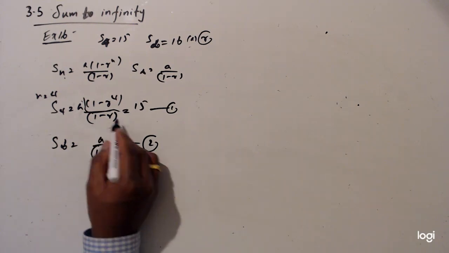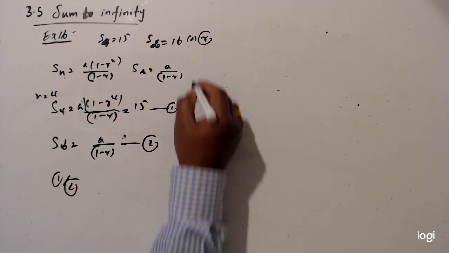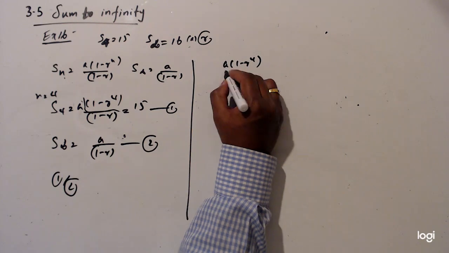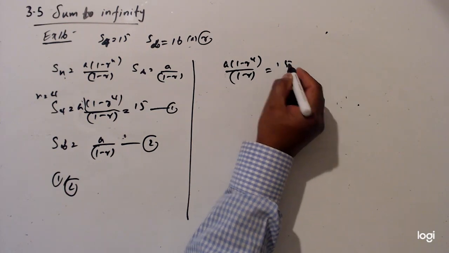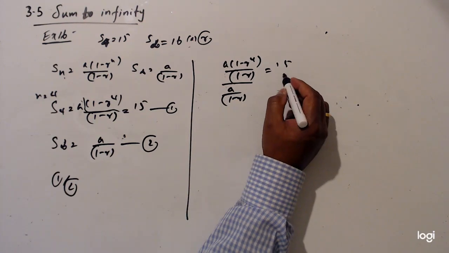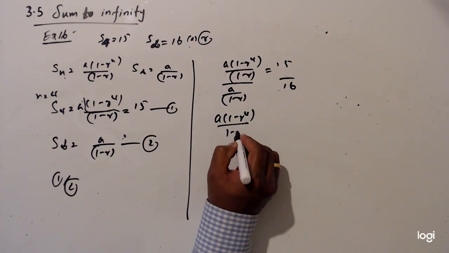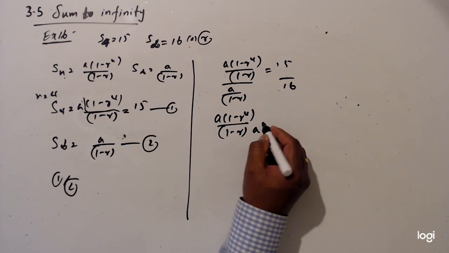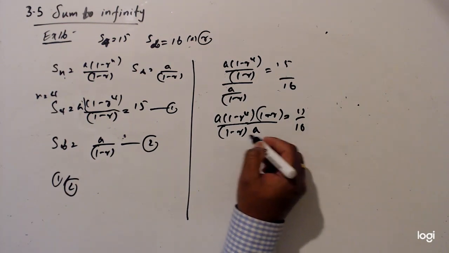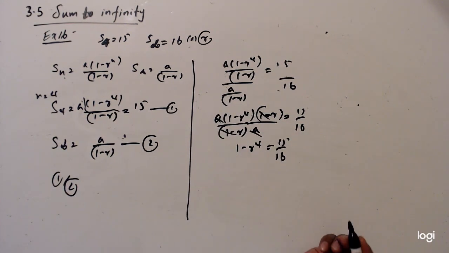You can divide keeping it as it is. If I divide 1 by 2, a over 1 minus r times 1 minus r^4 over 15 divided by a over 1 minus r over 16, the 1 minus r cancel out, so 1 minus r^4 equals 15 over 16.